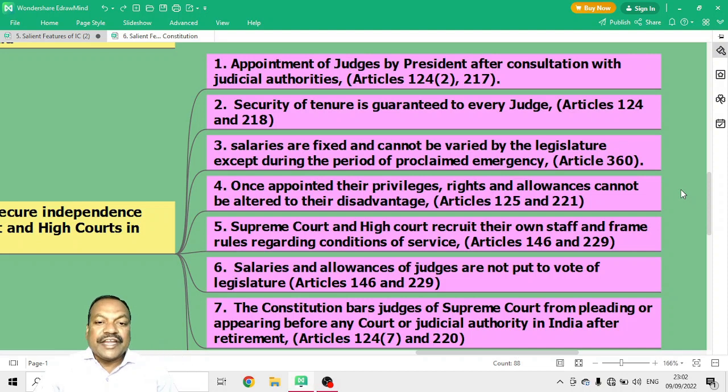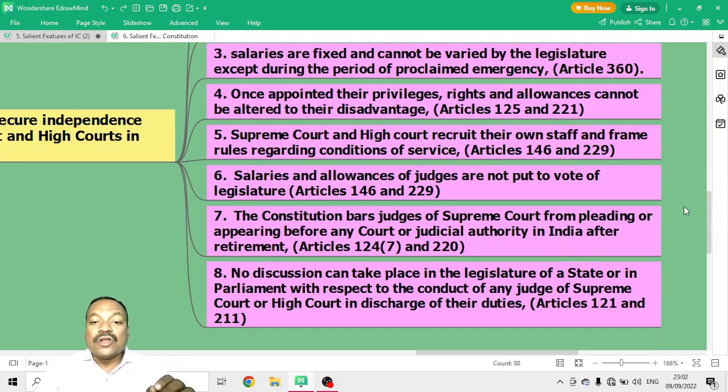Fourthly, once appointed, their privileges, rights and allowances cannot be altered to their disadvantage. Fifthly, the Supreme Court and High Courts can recruit their own staff and frame rules regarding conditions of service.